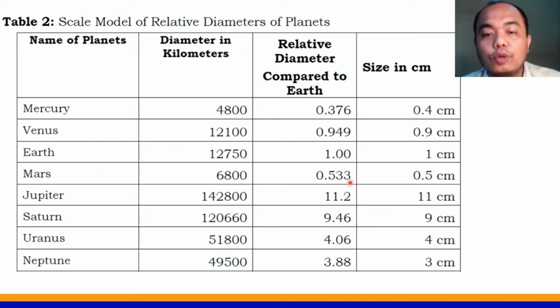So, try to observe its measurement here. Its measurement relative to the diameter of the Earth. Diba? Less than 1 din. Yung ibang mga planeta ay more than 1. So, each relative diameter compared to the planet Earth is equivalent to 1 centimeter also, class. Okay? Para mas madali sa ating isukat mamaya ang sizes ng planets natin.